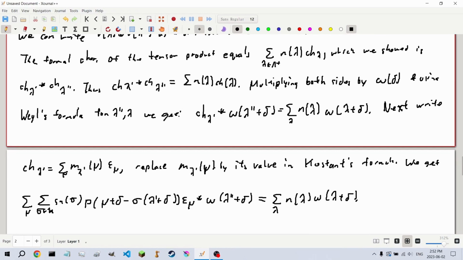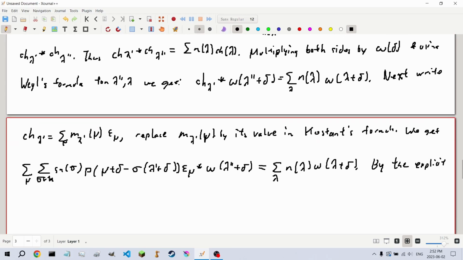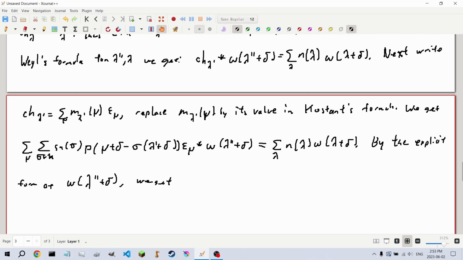And, by the explicit form of omega of lambda double prime plus delta, we get, I'm going to write this on a new line because I'm scared.